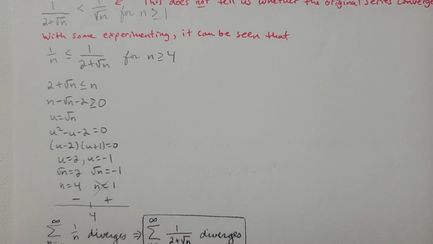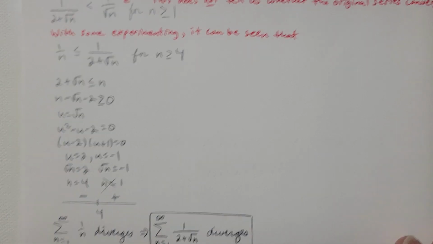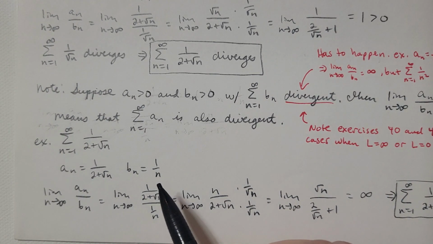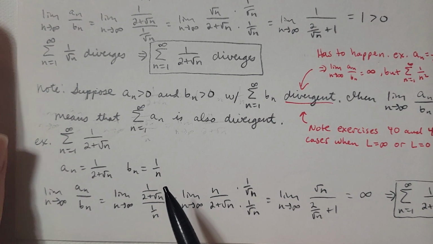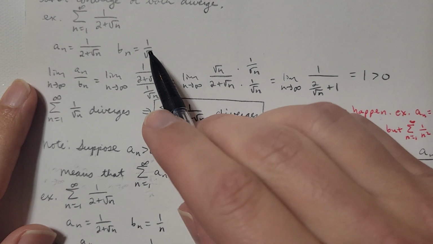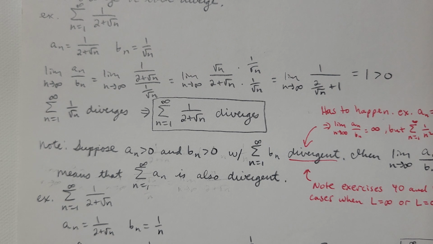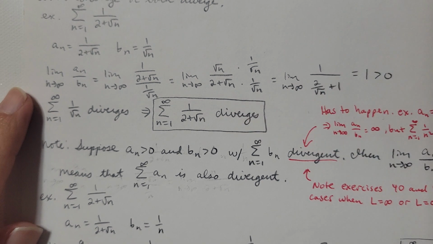A geometric series isn't going to work here, but what if we stick with 1 over n, okay? And 1 over n isn't a natural first choice. 1 over the square root of n would be naturally what you check for with b sub n. We get the divergent series there.